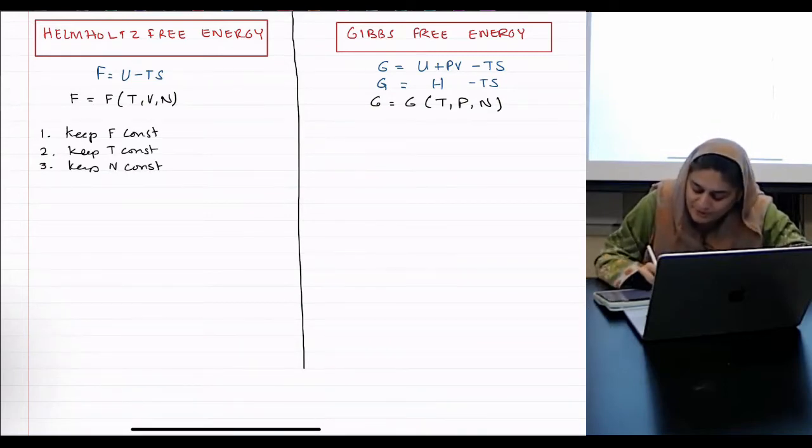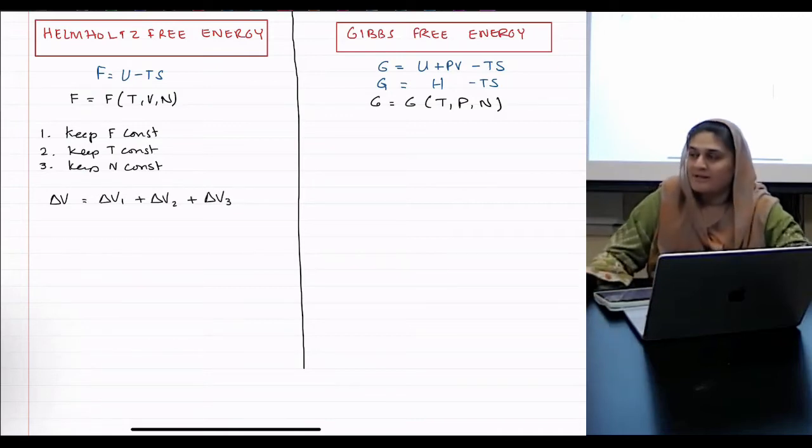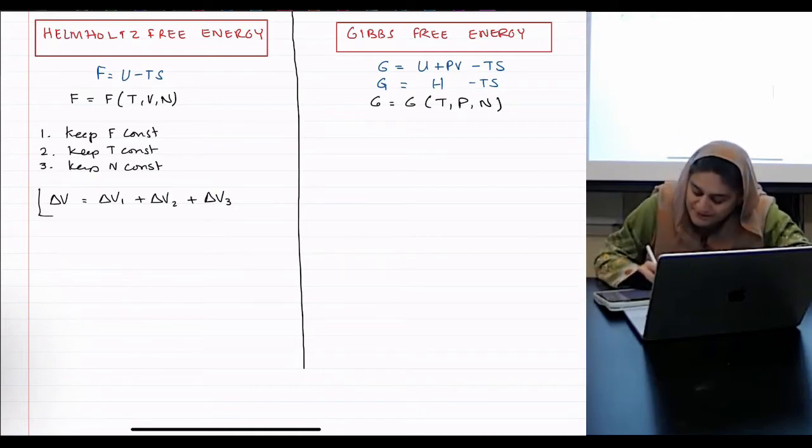So my total delta V of my system, this is volume, is delta V first step, delta V second step, delta V third step. I'm allowed to do that, right? I can pick any variable I want, and I pick the one that I know is going to be constant in this situation. Okay, so that's my first step.